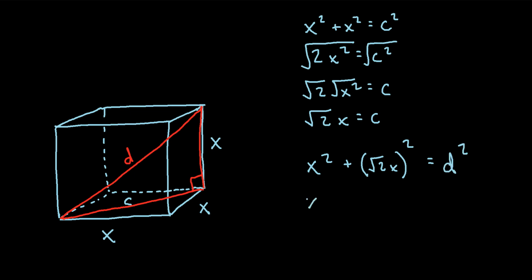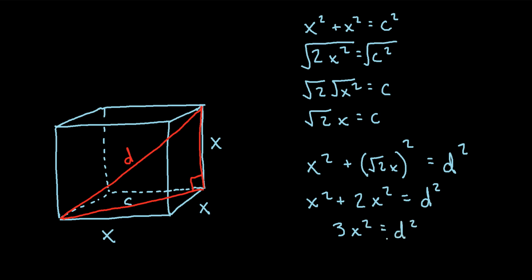So let's see what we get. So we have x squared plus, over here we can square each individual element in these parentheses. So the square root of 2 squared, that's just 2, and x squared is just x squared. And on the right hand side we still have d squared. So we get x squared plus 2x squared, that's a total of 3x squared, is equal to d squared.